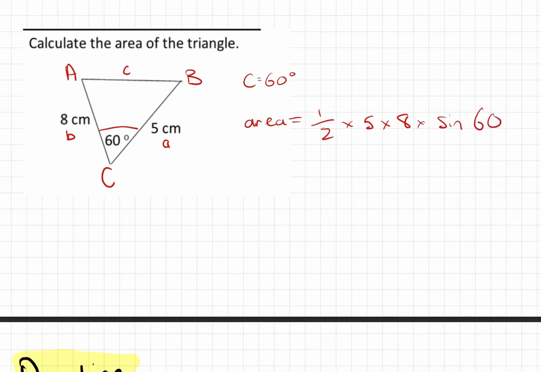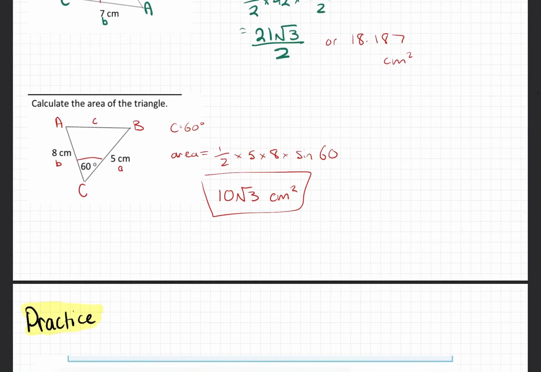Type all that into your calculator, and you get an answer of, drum roll please, 10 root 3 centimeters squared. Great. Just a simple case of labelling up the triangles and plugging it in correctly.